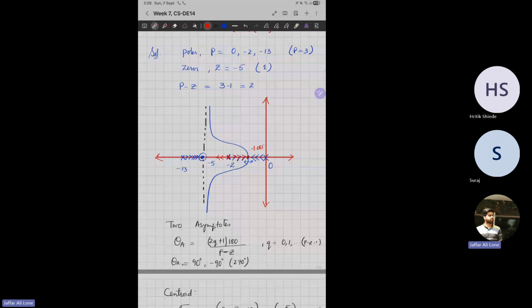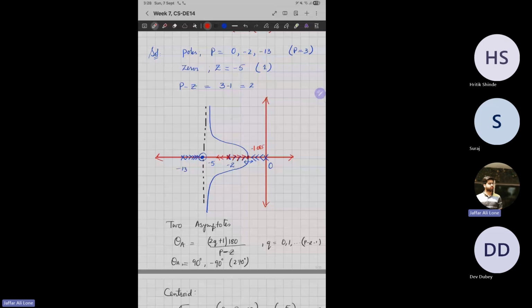But if you have a complex pole, for example, we have a complex pole here, and this has to go to infinity, or it has to converge to some zero, then there are n directions. Which direction it will choose and how it will go to that particular zero is given by the angle of departure.